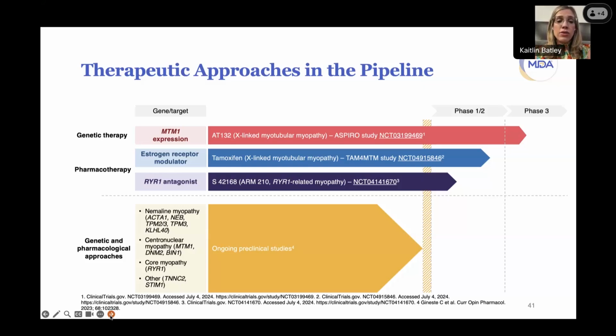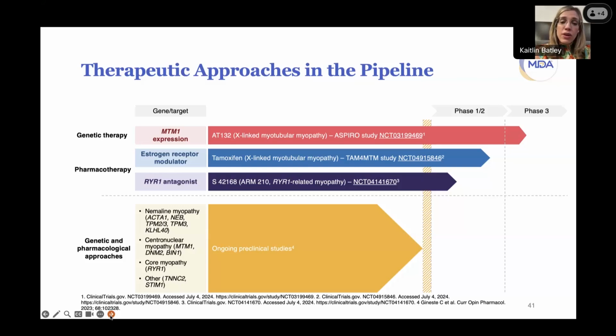A newer study also targeted towards myotubular myopathy is actually the repurposing of a drug that's approved for other indications. So in this case, the medication tamoxifen, which is used, interestingly enough, to treat breast cancer in many instances as an estrogen receptor modulator, but they are giving it a try in MTM as well.